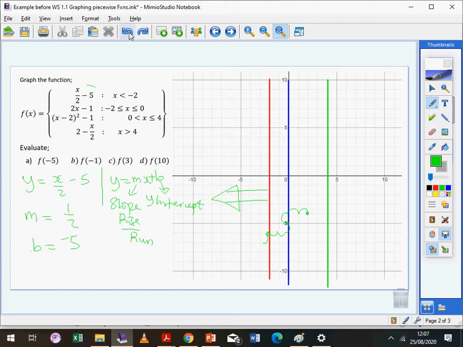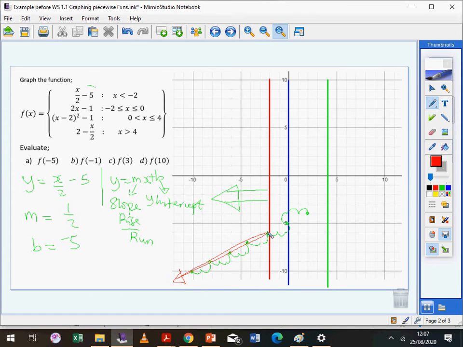Drop 1, run 2, find the next point, and again. So I have those points on my graph, and I can draw the line, as straight as a straight line can be.